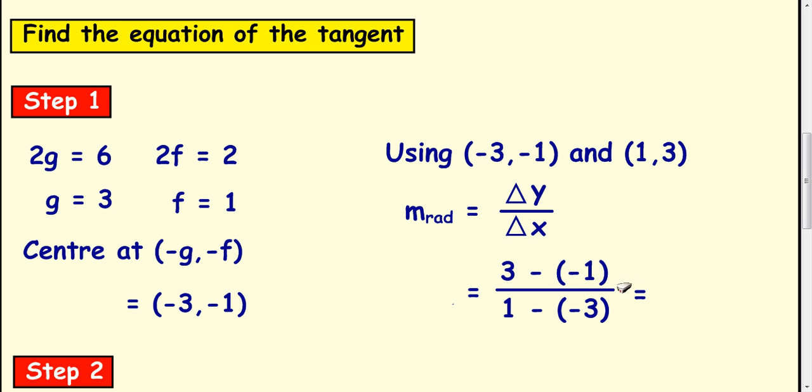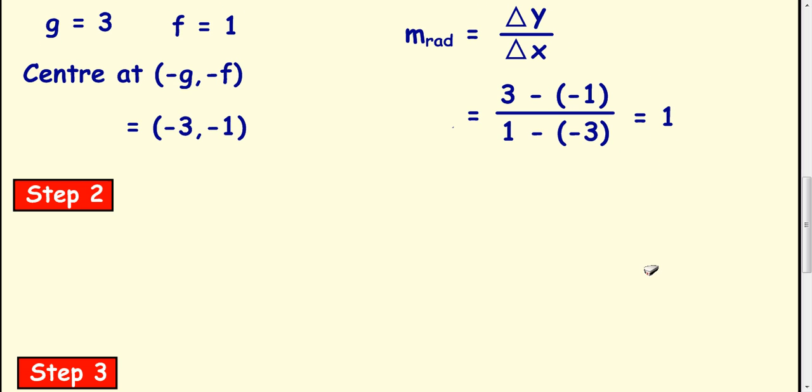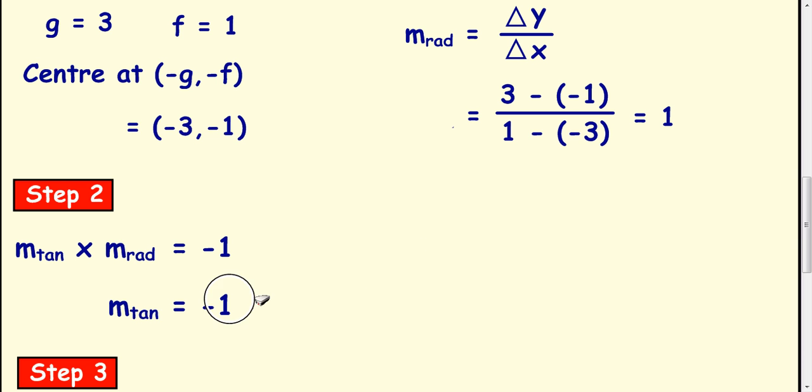So that comes to 4 over 4, which is 1. So the gradient of the radius is 1, so that means the gradient of the tangent is -1, since the gradient of the tangent times the gradient of the radius comes to -1.